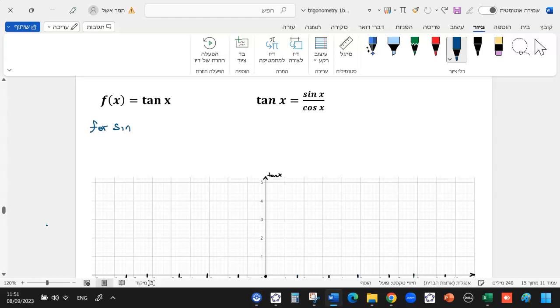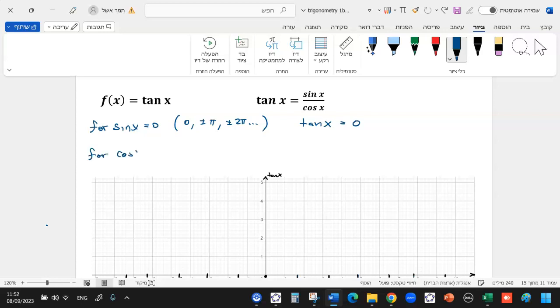For sine x equals 0, we know this is so for x equals 0, plus or minus pi, plus or minus 2 pi and so on. We'll have 0 over cosine x, and the tangent x is also 0.